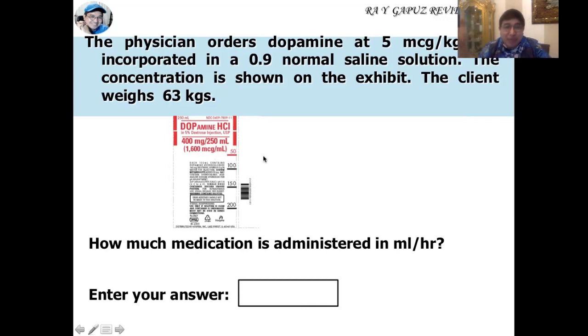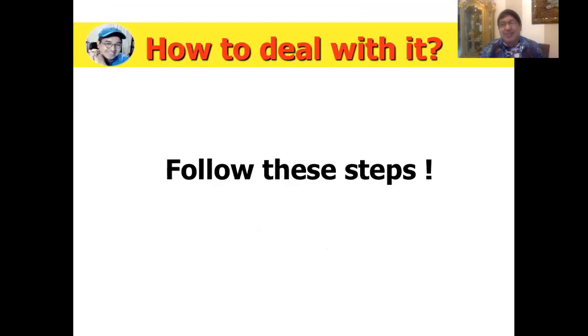So which among these will I use? That's when we begin scratching our head and want to just push eject. We don't have that button when taking the NCLEX. So what do we need to do? Let's just deal with it.